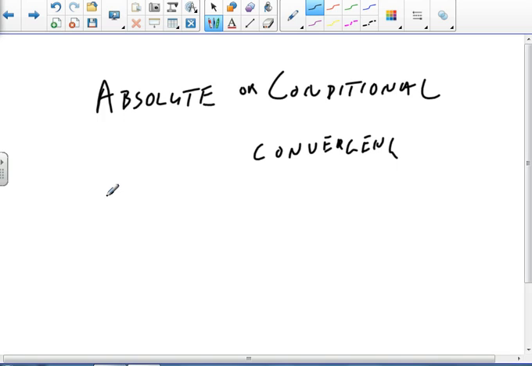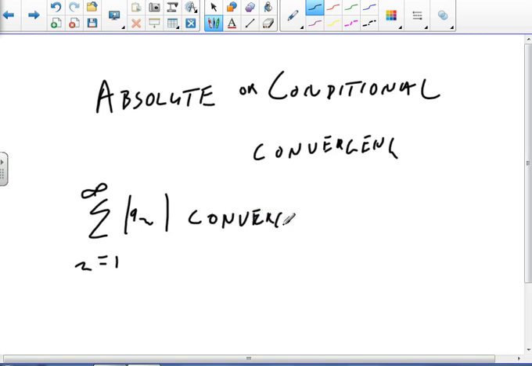So if I have the summation from n equals 1 to infinity of |a_n|, and this guy converges, then we say that the summation from n equals 1 to infinity of a_n converges absolutely.